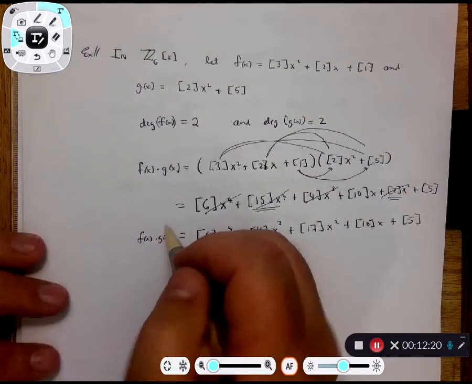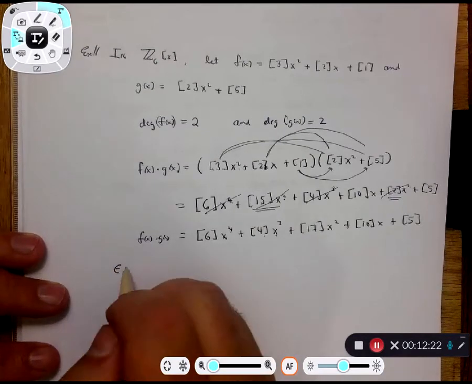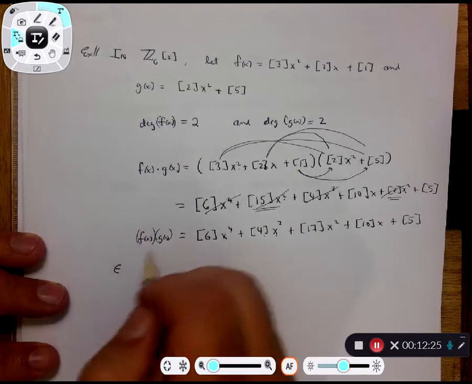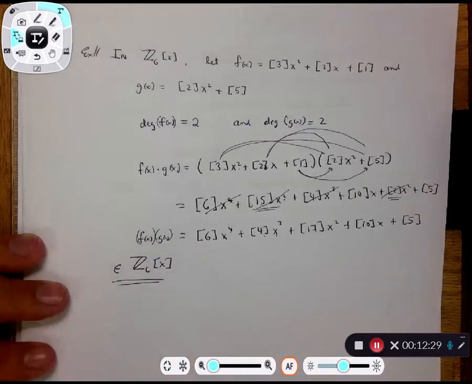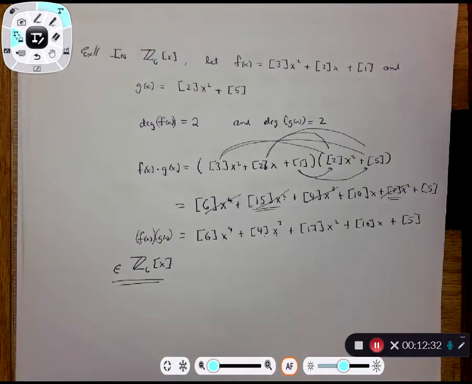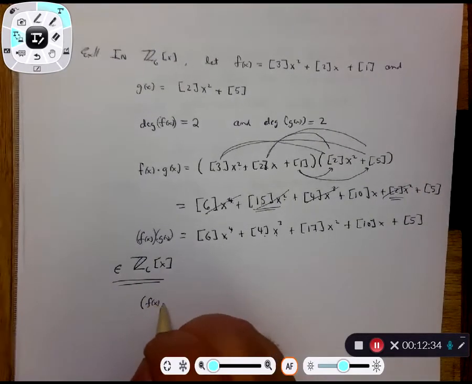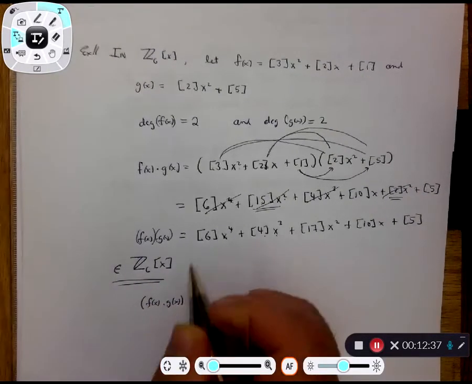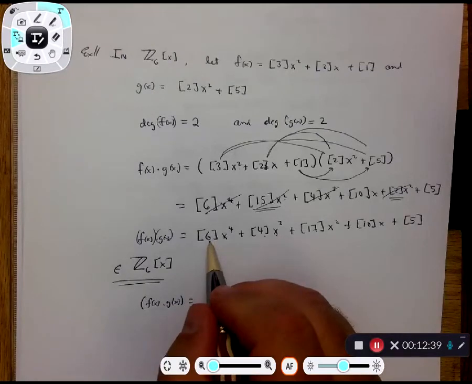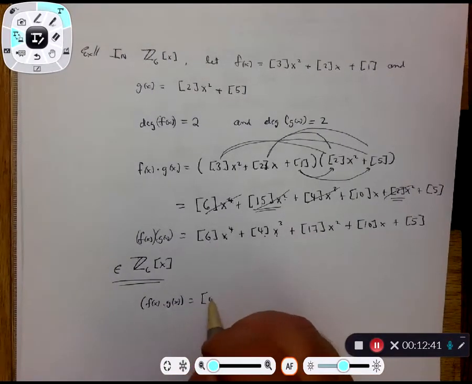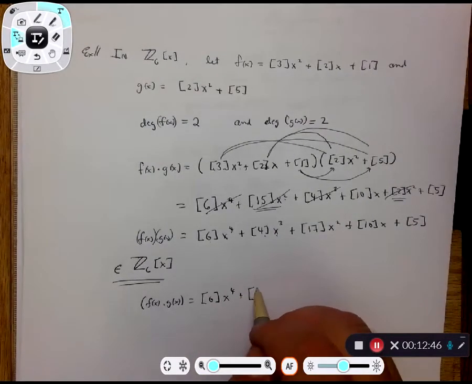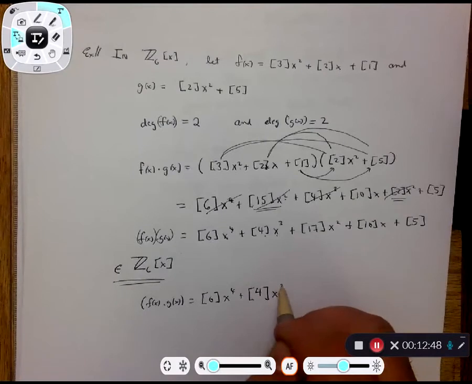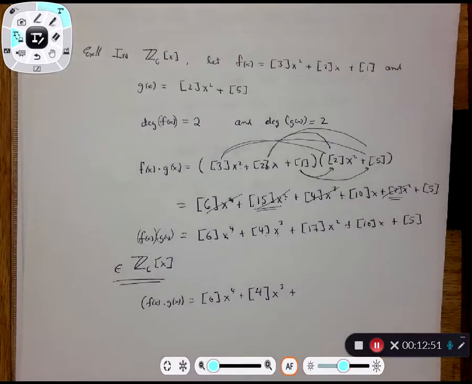But remind ourselves, these are polynomials in Z6 adjoined x. So to be an element of Z6 adjoined x, I have to convert these coefficients. What is 6 equivalent to in Z6? 6 is 0, x to the fourth. 4 is a good equivalence class in Z6, that would be plus 4x cubed. 17, well, how many times does 6 go into 17, and what would the remainder be?